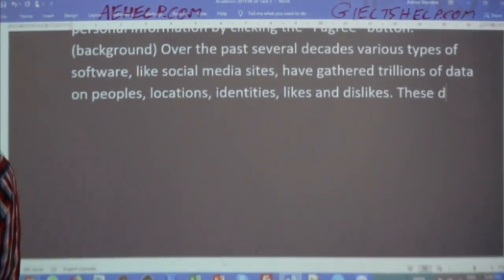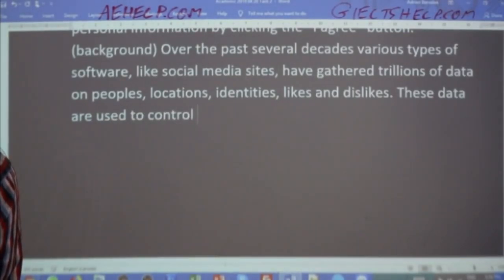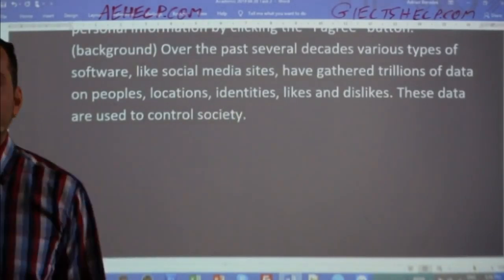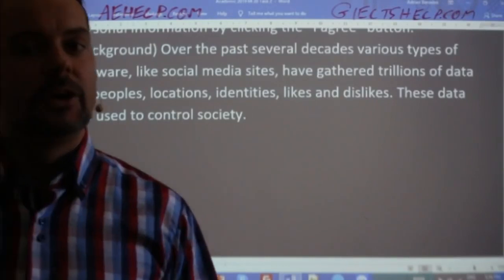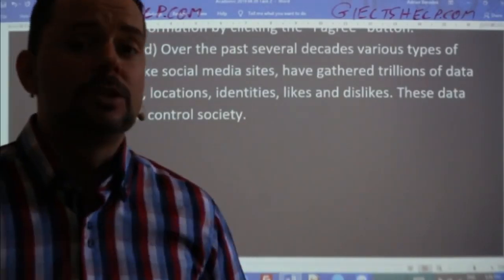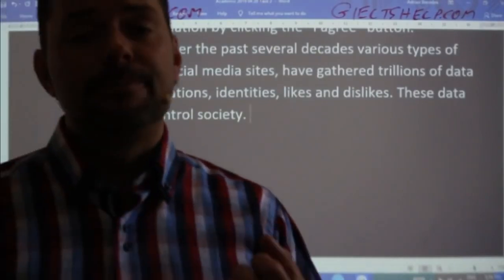These data are used to control society. Okay, boom. Hey, will that make it clear why we're talking about this? So again, ask yourself, why are we talking about data privacy and all of that?